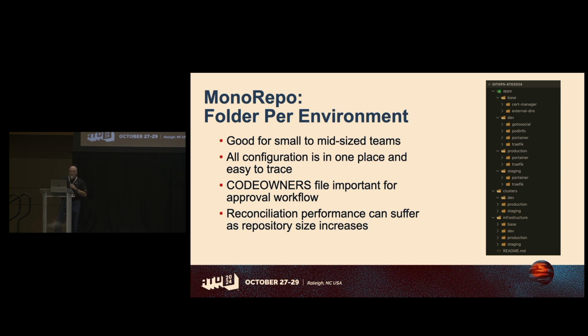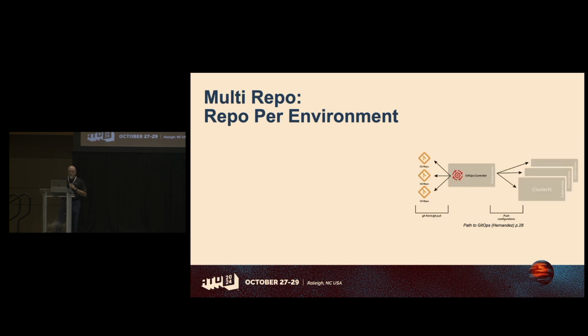Moving beyond that, most large cluster management organizations that are managing a large number of clusters will move to a separate Git repo per environment. What that gives you the ability to do, from a permission standpoint, is further restrict. You don't have to worry about restricting at the folder level.